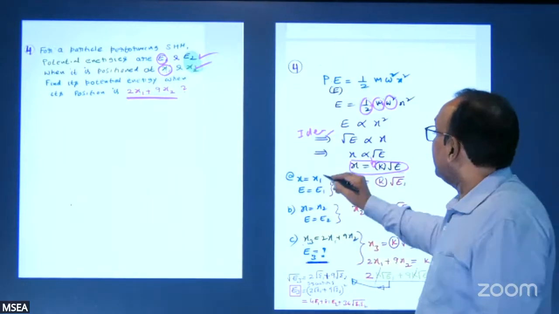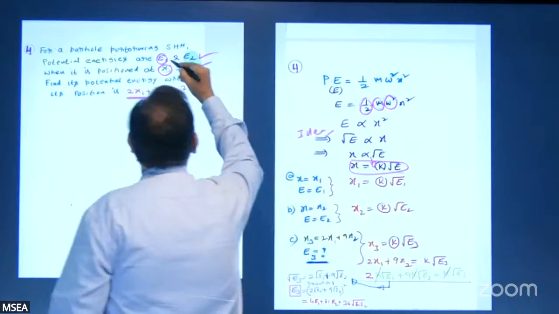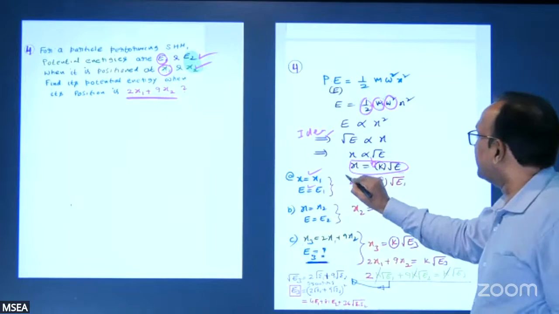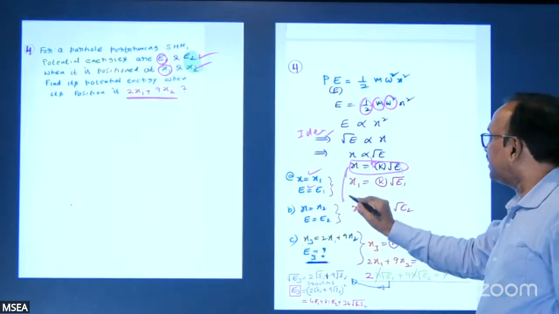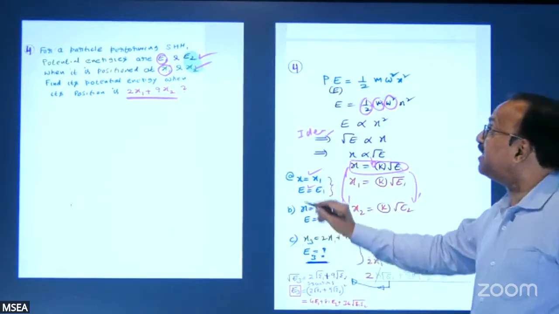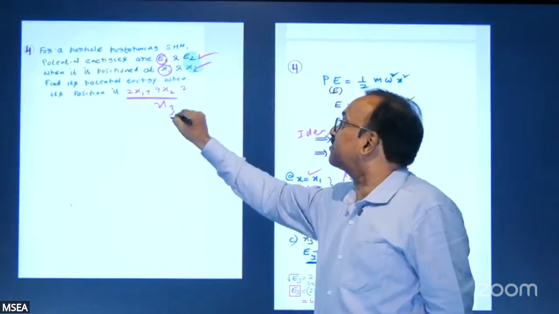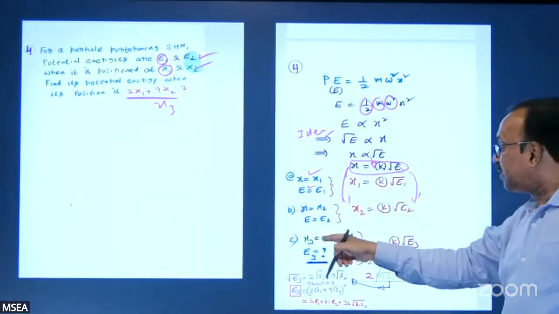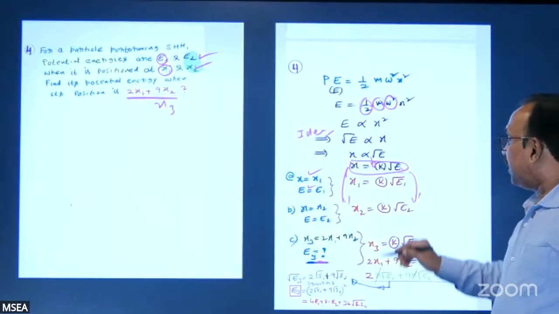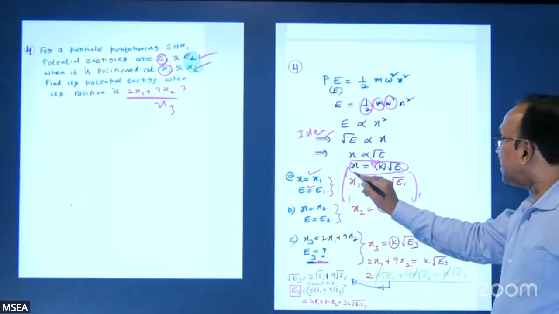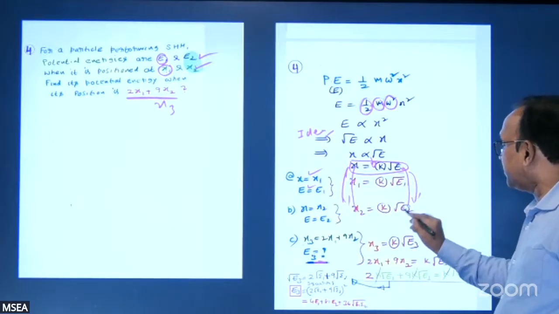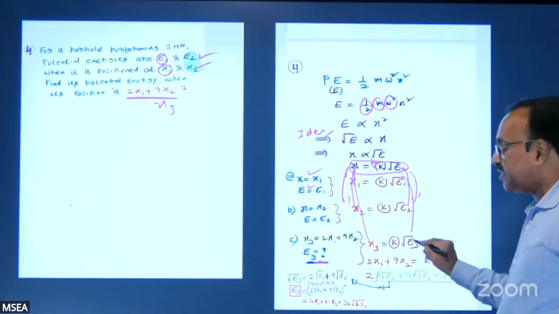Now, tell me, what is the data given? When the position is x1, the potential energy is E1. When the position is x2, potential energy is E2. Now when the position is some new position like x3, that is 2x1 plus 9x2, I want to know what is the energy. So when the position is x1, the corresponding energy is E1. Position x2, corresponding energy E2. When the position is x3, corresponding energy E3.